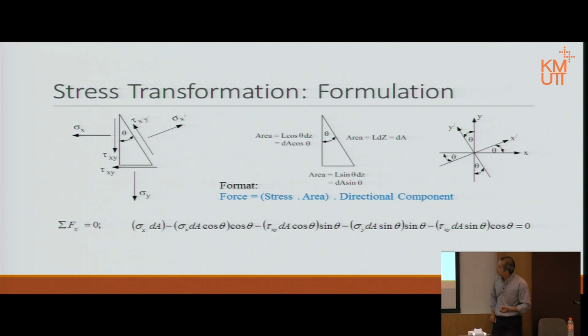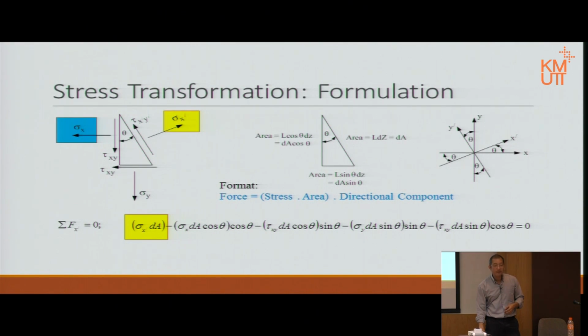Look, that is the whole equation for sigma fx prime. Whoa, right? Don't worry. Let's go one term at a time. The first term comes from sigma x prime times dA, which is already on x prime, so we don't need a component. The second term doesn't count because it's at 90 degrees, so we ignore it.